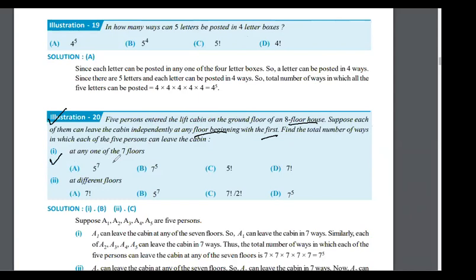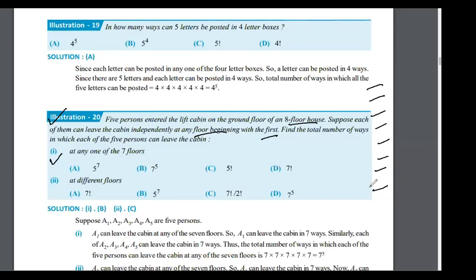So first one, at any one of the 7 floors. Suppose we have 8 floors. Now you can be on any floor, right?